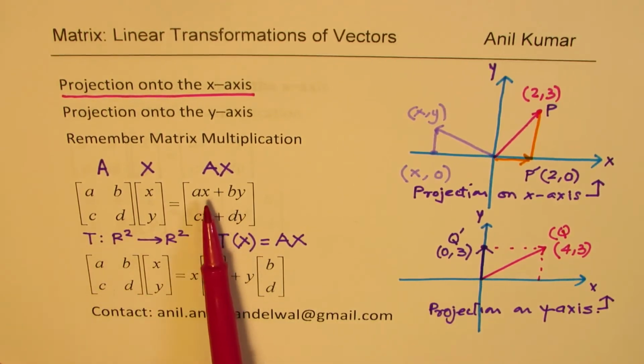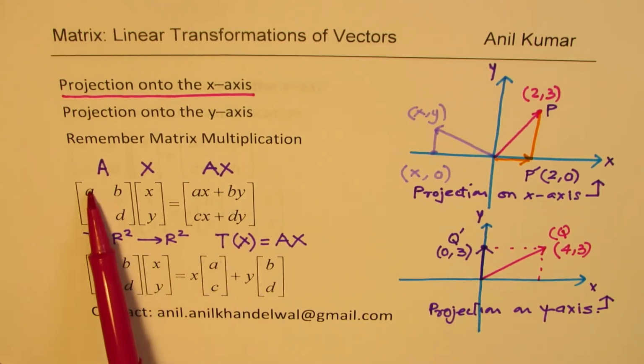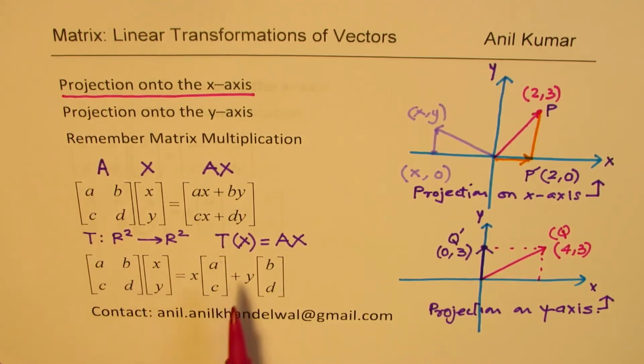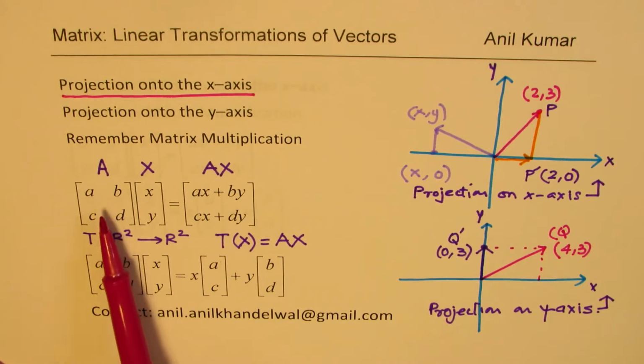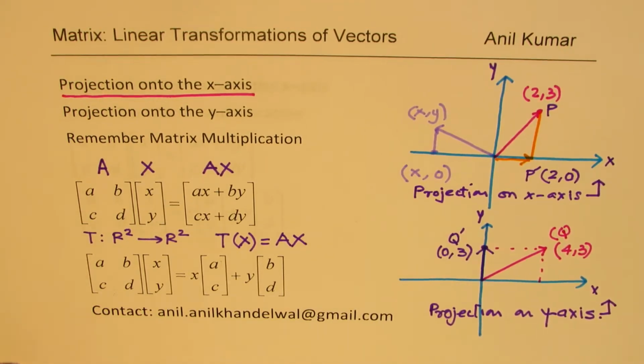You could also think about it as x times the first column (a, c), plus y times the second column (b, d). That's a very good way of looking at it. This concept will help us answer how to create a 2 by 2 matrix and get our projections. So let's move forward and take some examples to illustrate the whole idea.